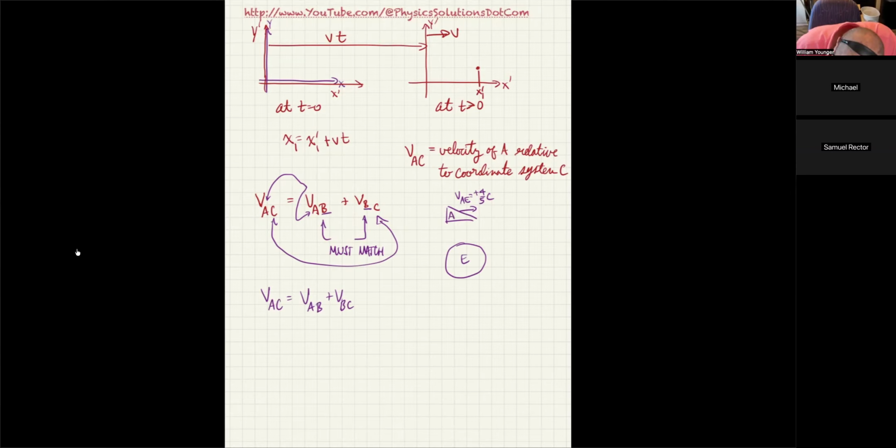And then I'm also going to say that there's a spaceship B, and the velocity of spaceship B relative to Earth is negative, let's say, 7/8 C. Let me box this off so we know this is a separate example.